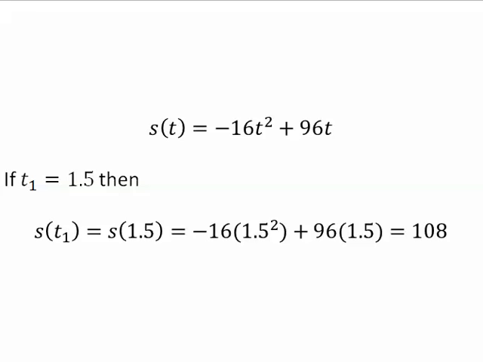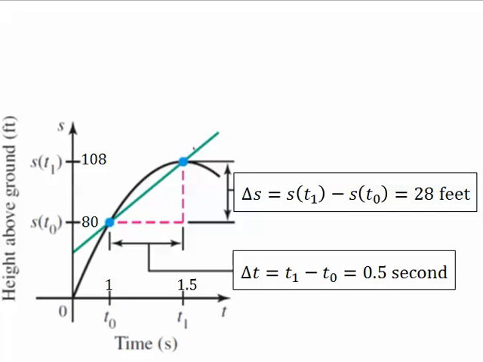Well, at 1.5, the position is 108. All right, so 108 minus the position at time 1, which is 80, gives a change of height of 28 feet. Now the change in time this time is half a second.